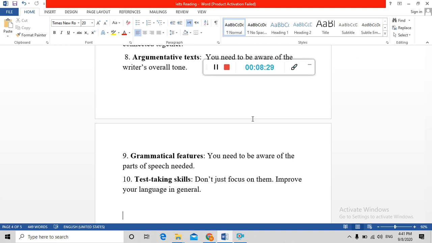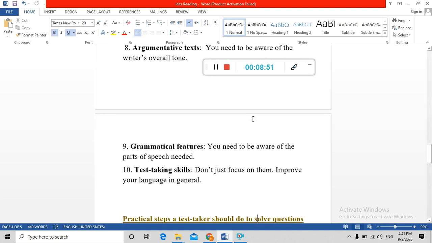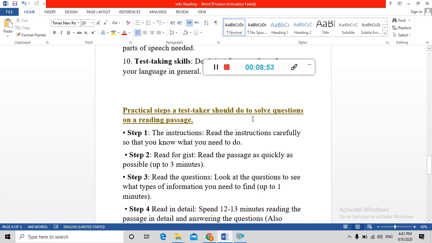As they say, when you are preparing for the IELTS test, you need to focus on your skills in English in general, and your skills in IELTS, all together. Practical steps a test taker should take to solve questions on a reading passage.